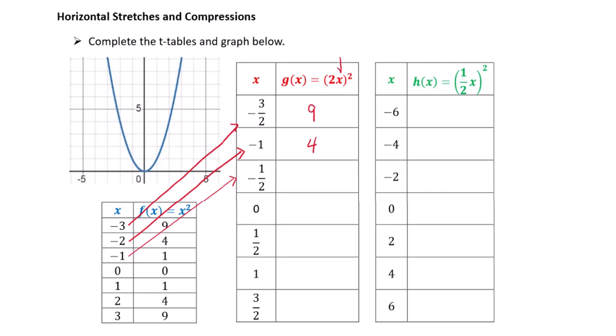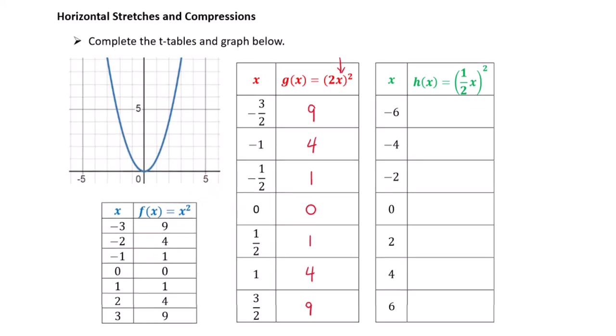Again, putting that in for x, -half times 2 is -1. -1 squared is 1. Half of 0 is 0. So 2 times 0 is 0. 0 squared is 0. And I'm going to have symmetry help me to fill out the rest of that table.